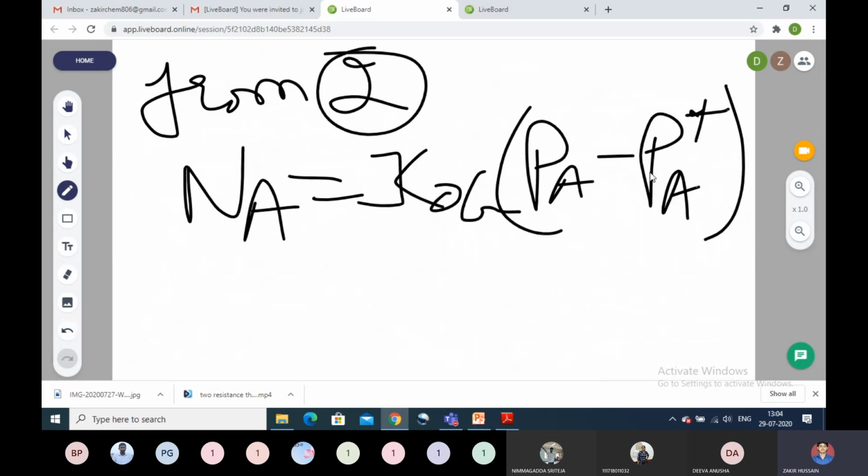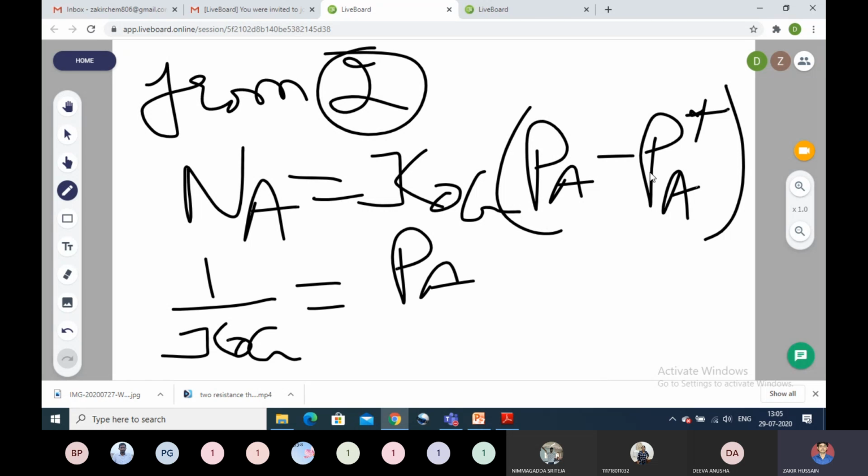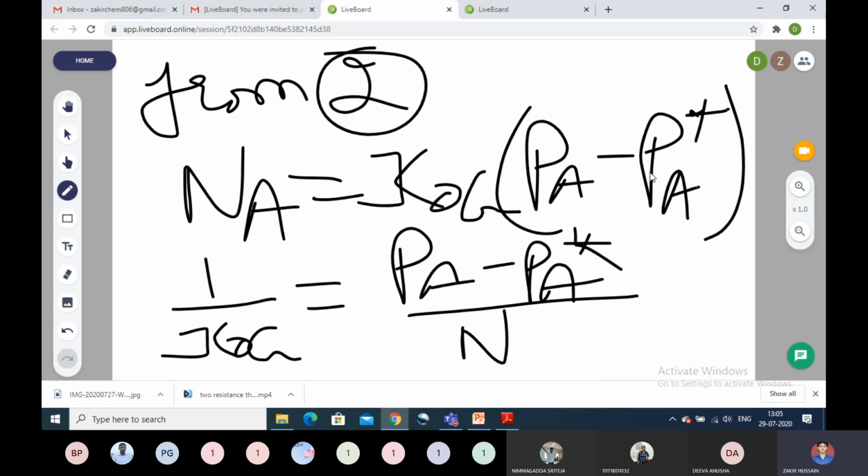Now to continue with the derivation from equation 2, we can write 1 by kog is equal to pa minus pa star divided by Na. Same operations, substitute with the interface concentration, and add interface pressure PAI. So PAI will be there.